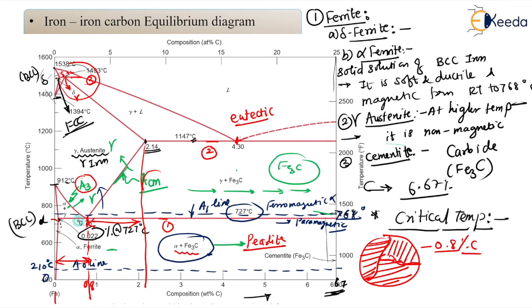So hypo and hyper eutectoid के लिए dear student ये जो लाइन है, very popular line, that is the lower critical temperature line. और ये जो अपना टेम्परेचर है, it is known as the lower critical temperature. Okay, lower critical temperature.